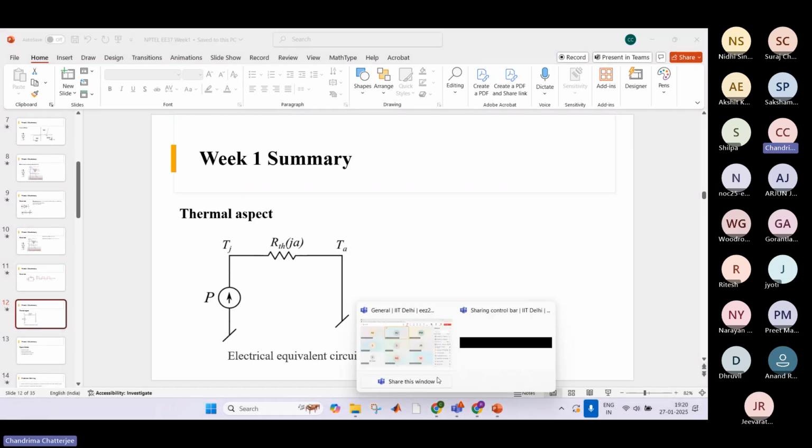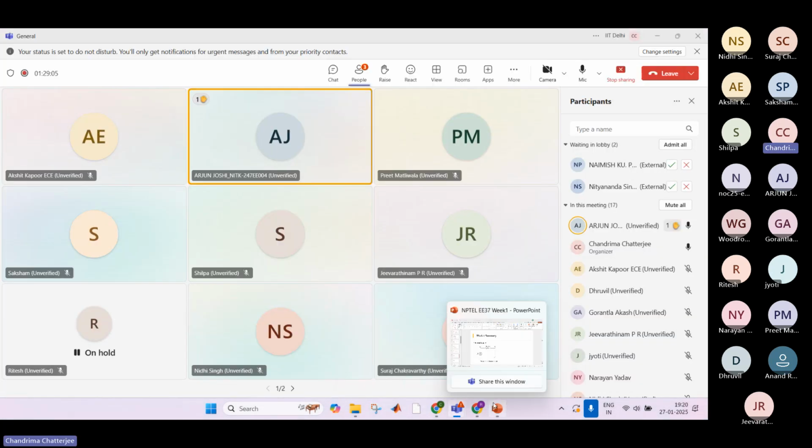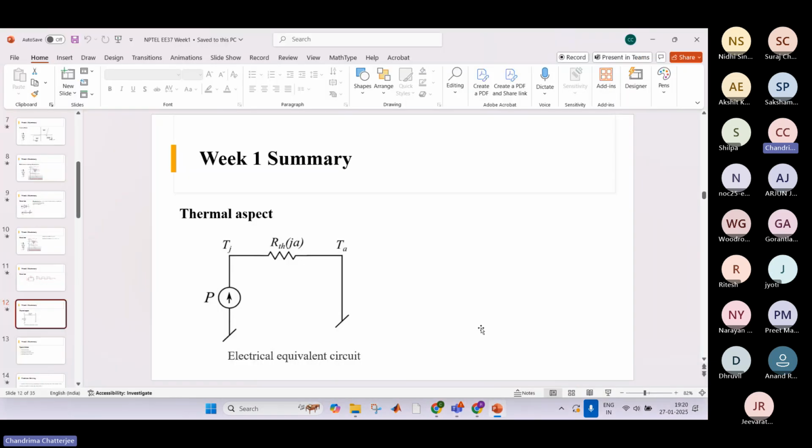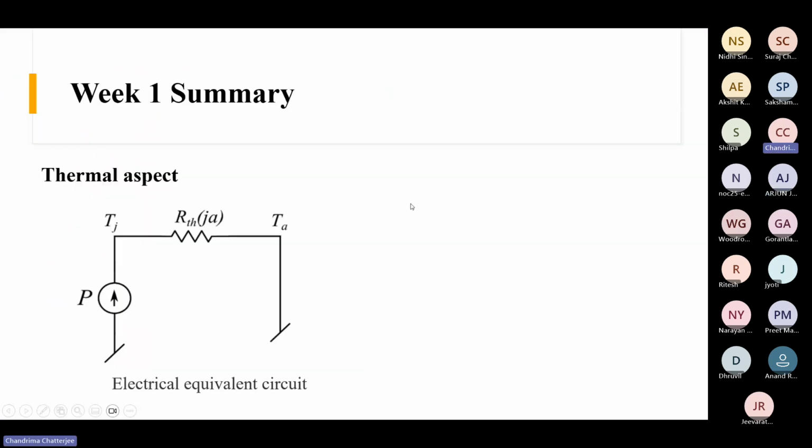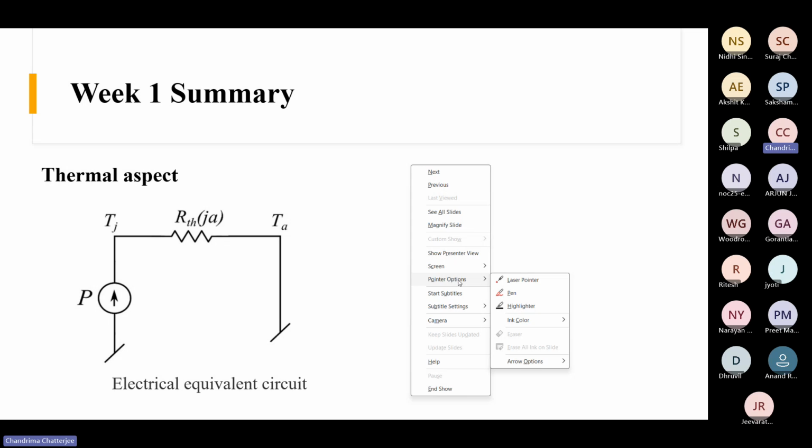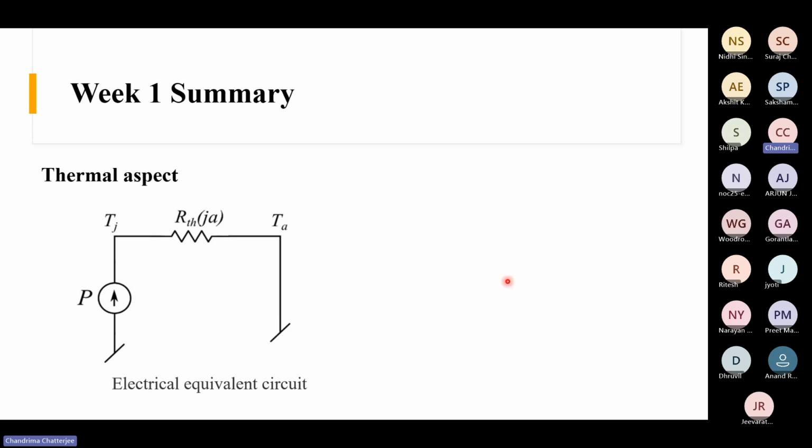So what I was trying to tell is that we need to represent the thermal circuit in terms of electrical parameters, so that we can understand the temperature and temperature rise and all the other aspects properly, right, with ease.